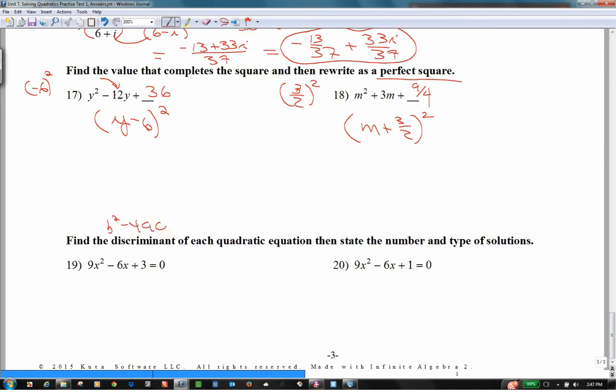So a is 9, b is a minus 6, c is 3. Plugging it in, b squared, negative 6 squared, minus 4 times a times c. So I have 36 minus 36 times 3.